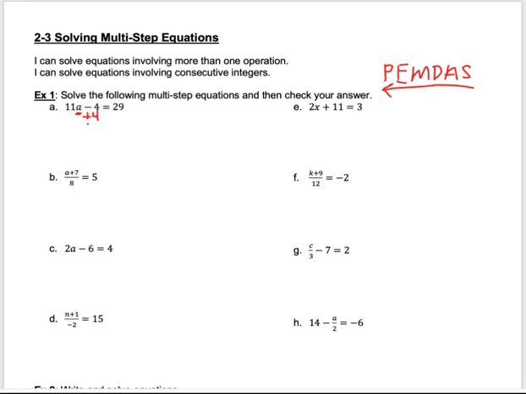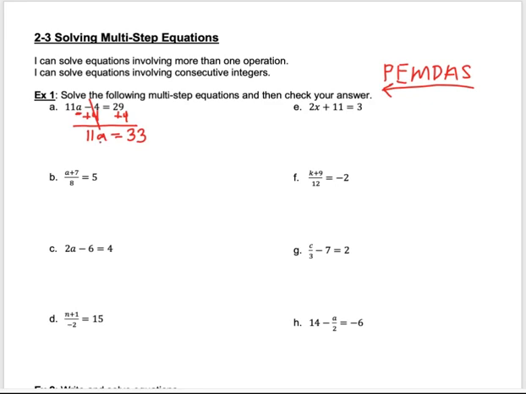Whatever I do to the left side of the equation, I have to do to the right side of the equation. So negative 4 plus 4 goes away, and I'm left with 11a on the left side. And I have 29 plus 4, which is 33.